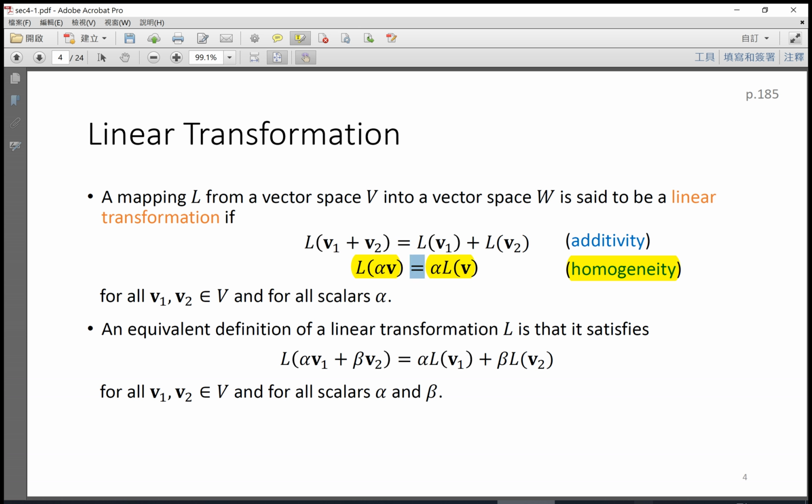And the equality means that the linear transformation preserves the scalar multiplication, since it does not matter whether the linear transformation is applied before or after the scalar multiplication.